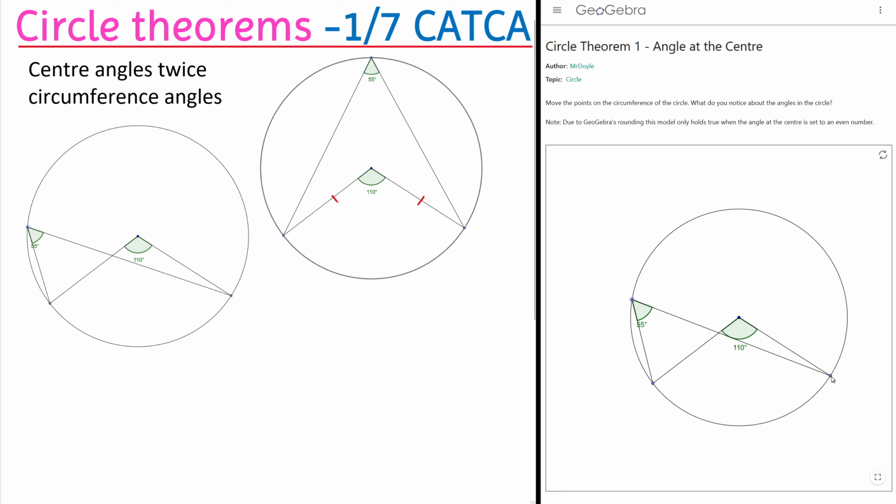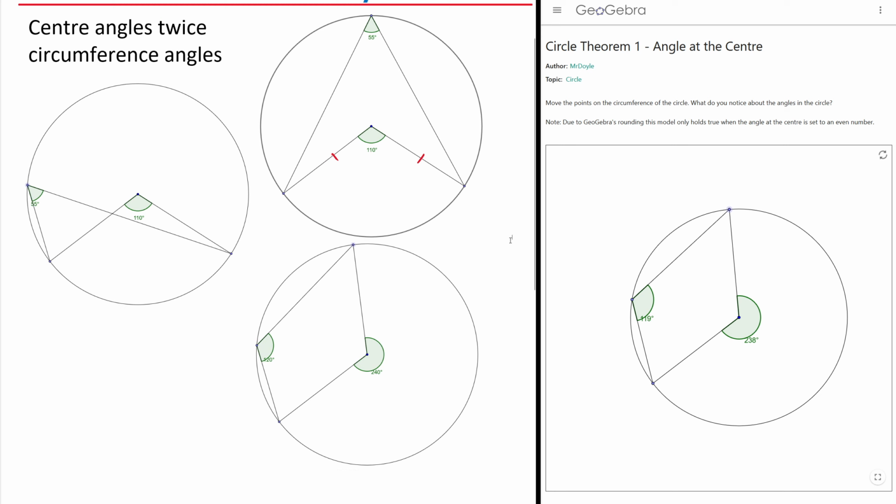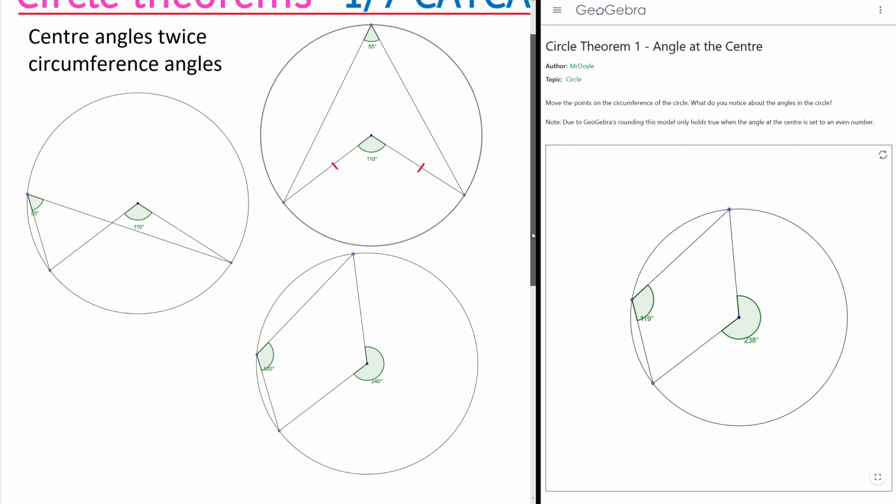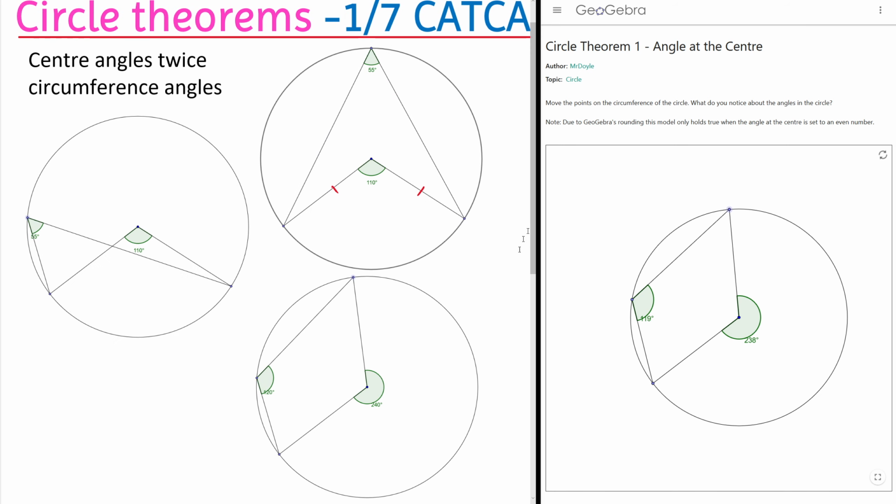The final situation that confuses people is if we go around here and we get this quadrilateral. Again, people confuse this with a different circle theorem, but it's really important to recognize that actually it's still center angles, circumference angles. So these are the three situations we need to spot as center angles twice circumference angles.